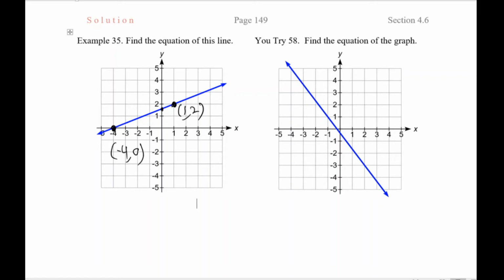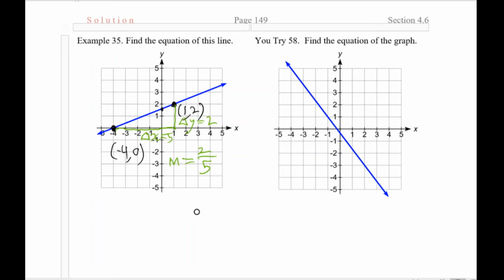So given 2 points, we can certainly find the slope. We figure out the distance traveled in the x direction, which is 4 plus 1, 5, and then the change in my y direction, which is 2. m equals change in y over change in x, 2/5.